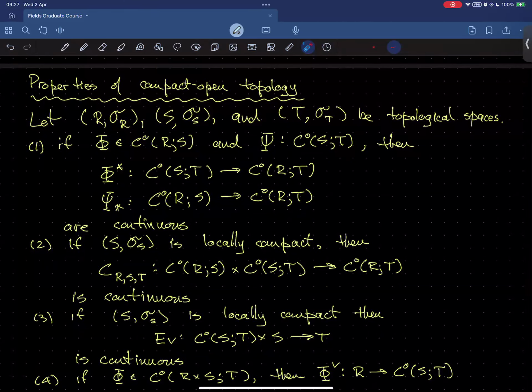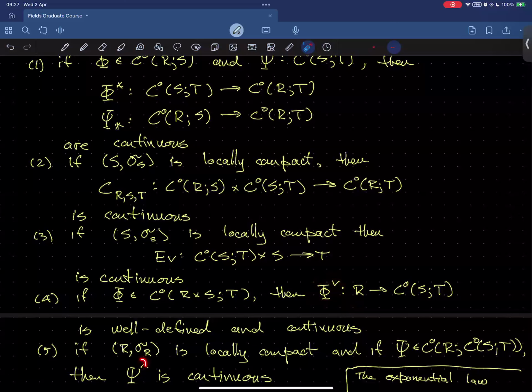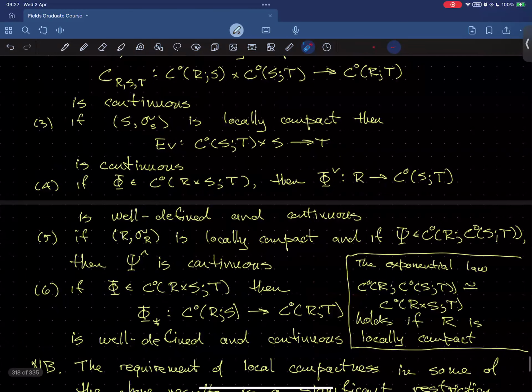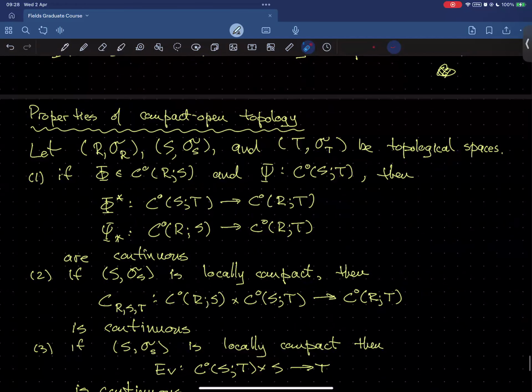So let's consider all those mappings that I defined above: the composition mappings, the evaluation mapping, and the hat, check and wedge mappings. Let's think about when those are continuous between spaces of continuous functions with the compact open topology. In all of these statements, my spaces of continuous functions all have the compact open topology.